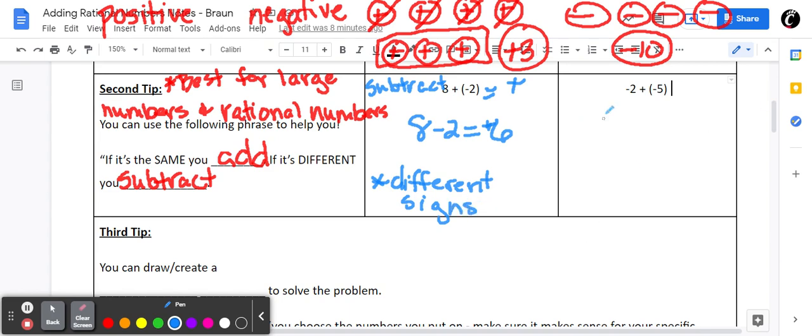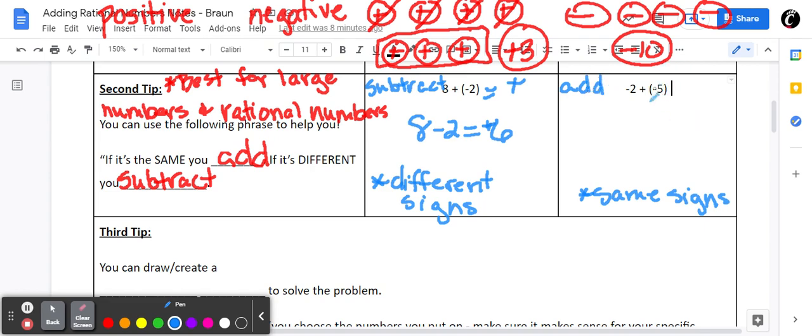Okay, and then in my next one, I have -2 plus -5. So now we have the same signs. And since we have the same signs, remember, same you add, so I'm going to be adding for this problem.